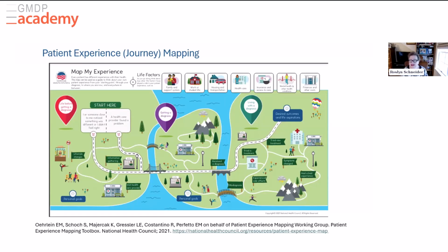But the idea is that people who have a condition for a long time before they're ever diagnosed might be living with that condition and trying to figure out what's going on while they're also living their lives in that first island. And then in the middle island, they, through the twists and turns, get to a diagnosis, again, as they're also living their lives at the same time and have their personal goals at the same time.